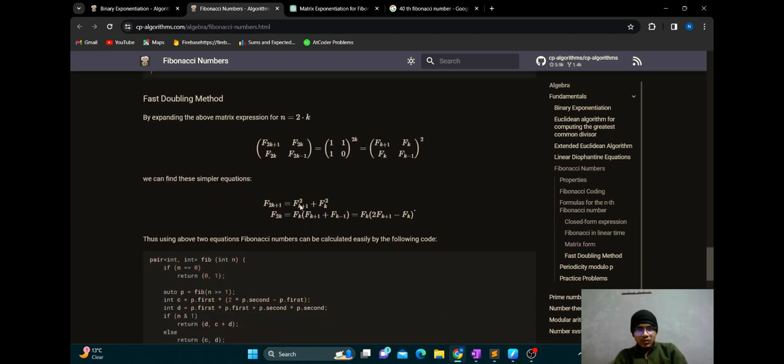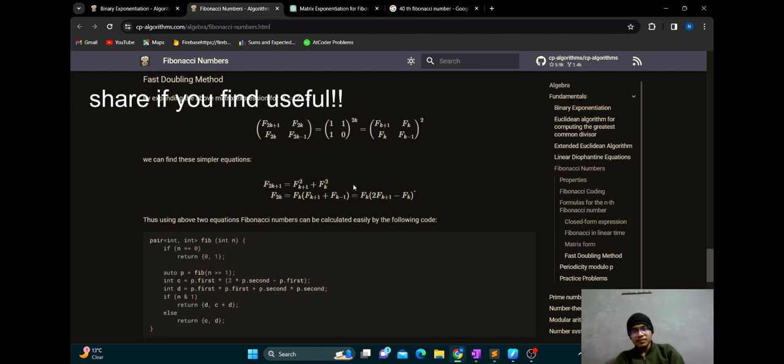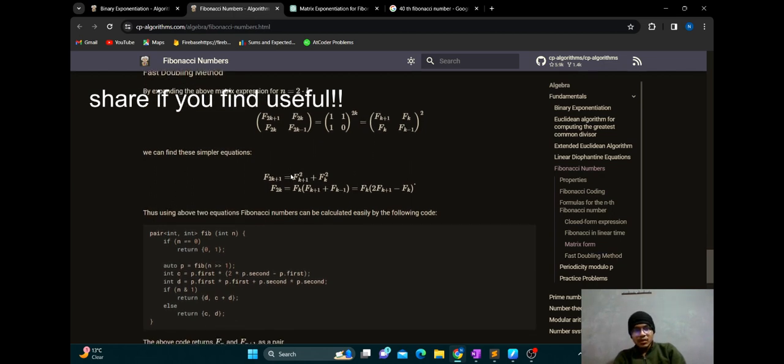By using these equations, you will get to know that f(2k+1) is nothing but f(k+1) squared plus f(k) squared, and f(2k) is f(k) times f(k+1) plus f(k-1).